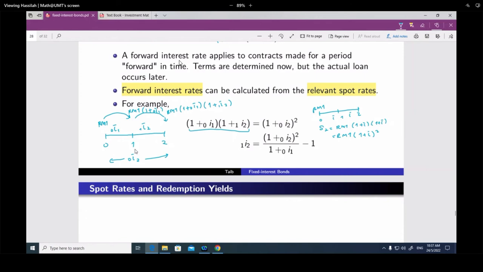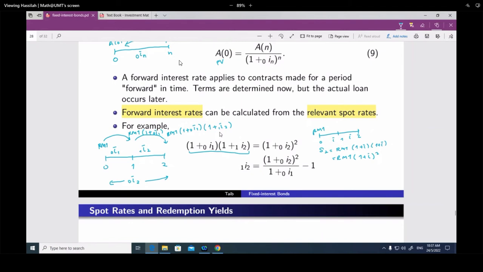So this becomes similar to this one. You don't use power 1 to get 2; you have to use power 2, but the rate is 0I2, as you see in equation 9.